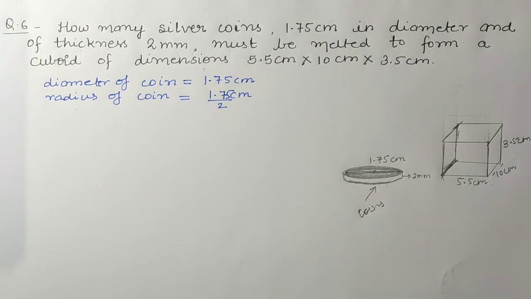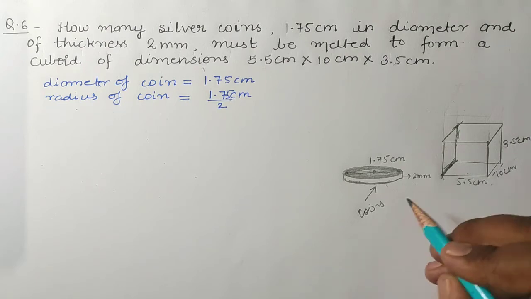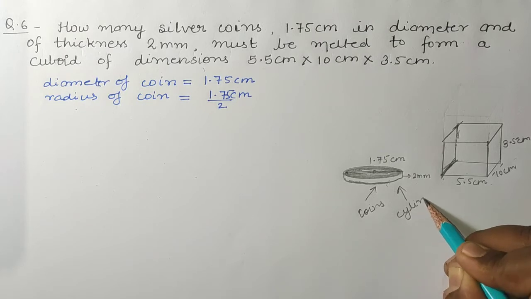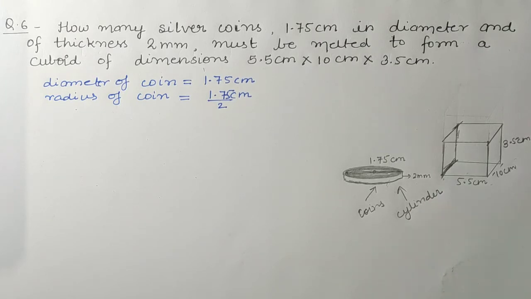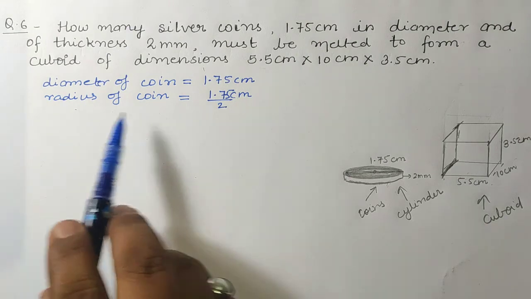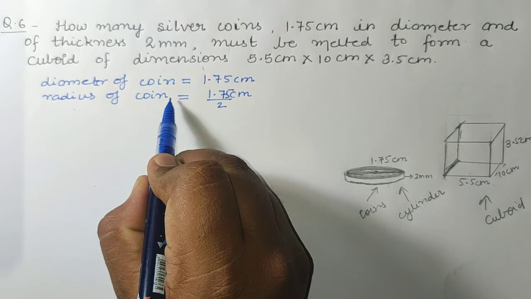Thickness means you can assume it as height. And one more thing you have to understand here, that coin will be in the form of a cylinder, a very small cylinder, and the other is in the form of cuboid. So basically we have found what will be the radius of coin.